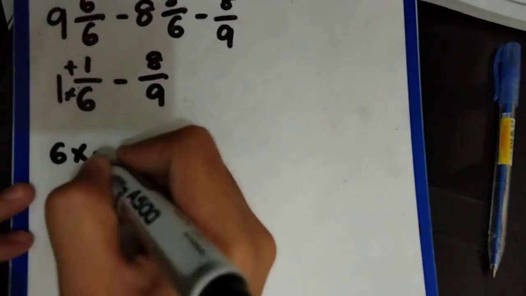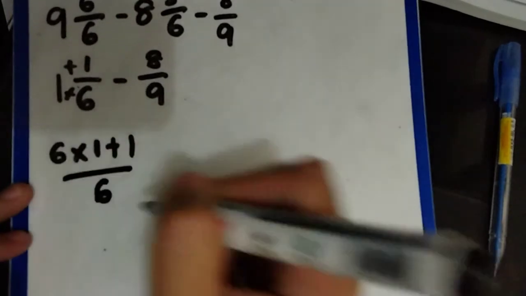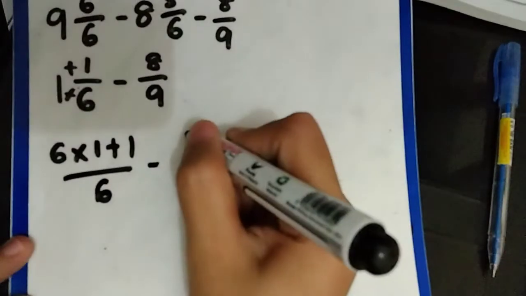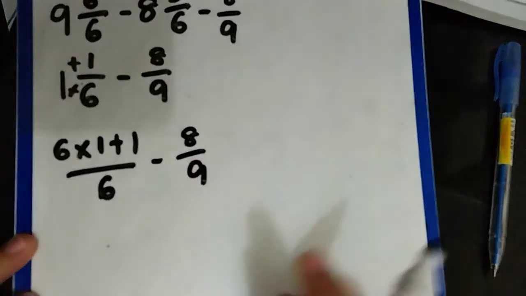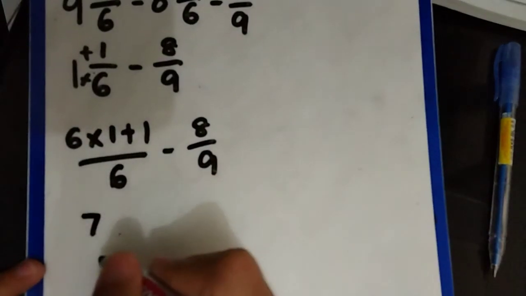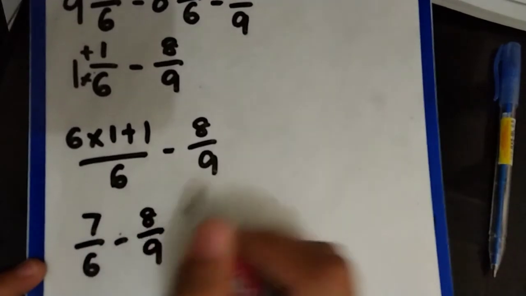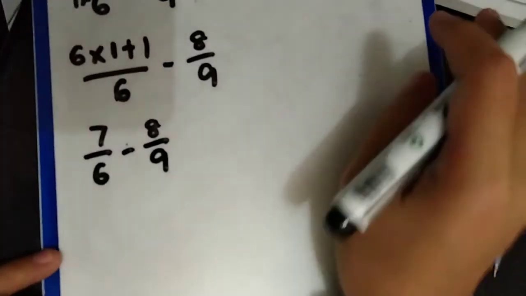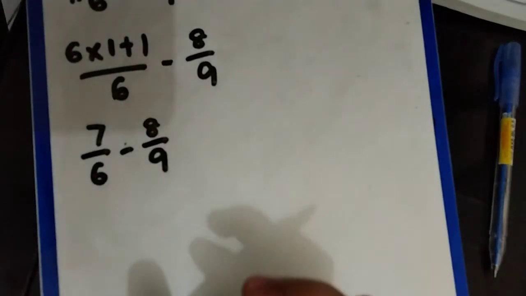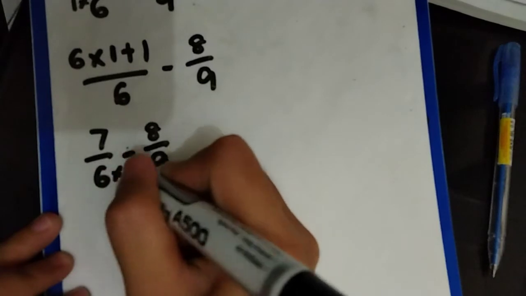So change the mixed number into an improper fraction by multiplication and addition, and then 8 minus 9, and you will get 7/6 minus 8/9. So the multiplication tables that we need are 6 and 9.